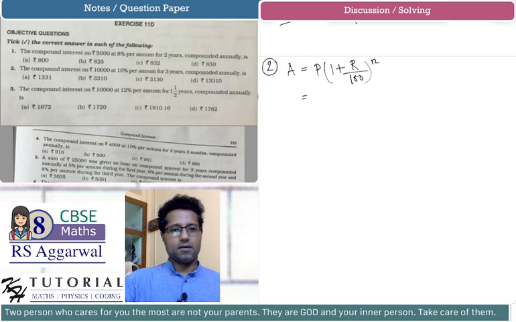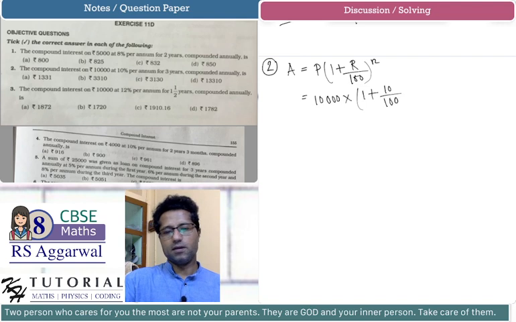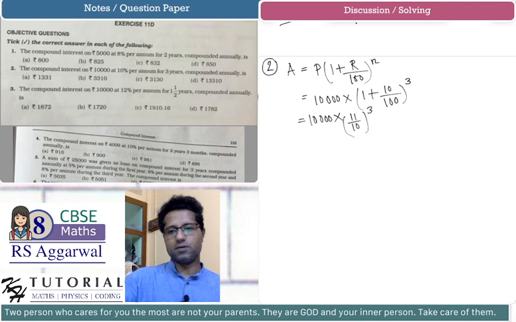So P is given to be 10,000 and R is given to be 10, so this is 10 by 100, and n is 3. This is equal to 10,000 multiplied by 1 plus 10 by 100, which is 1 plus 1 by 10, which is 11 by 10, to the power cube.